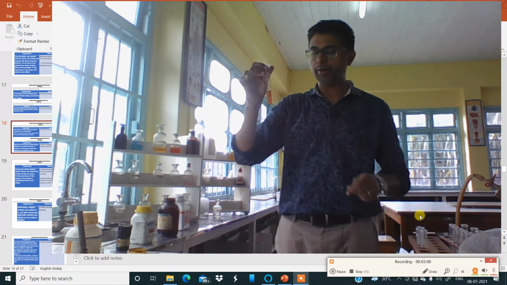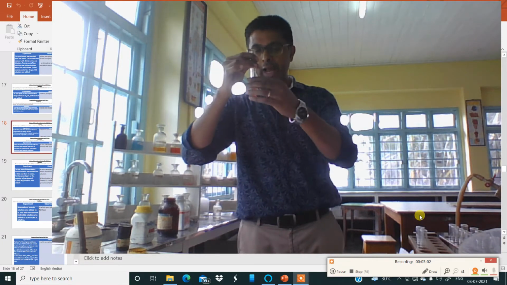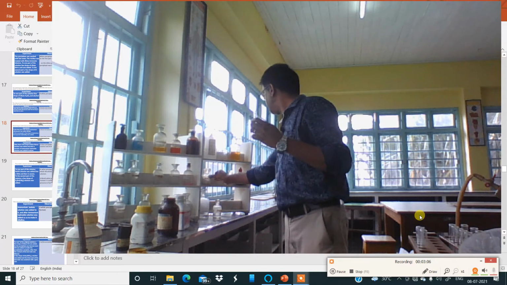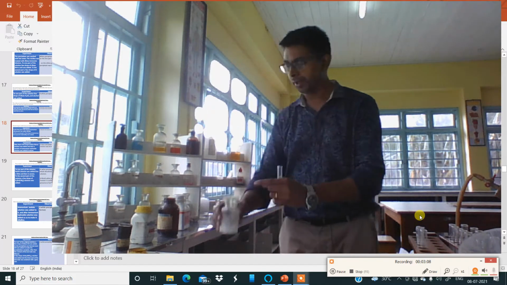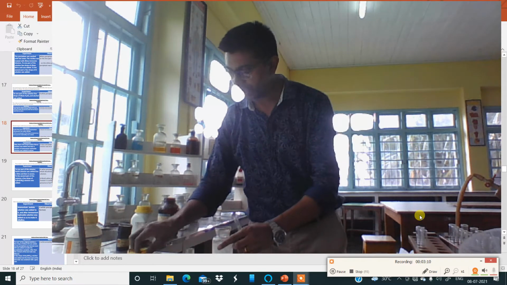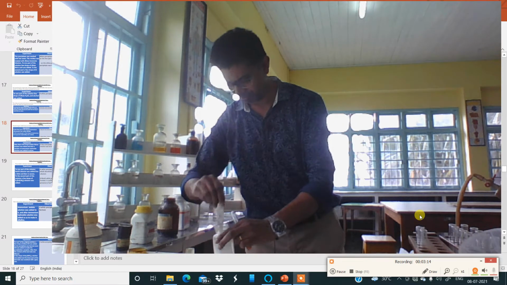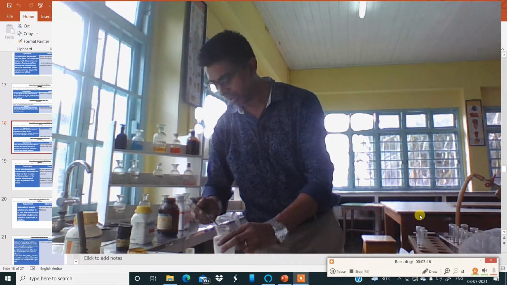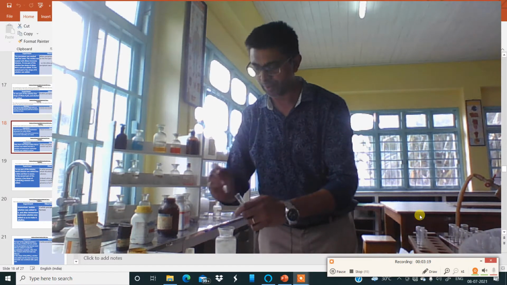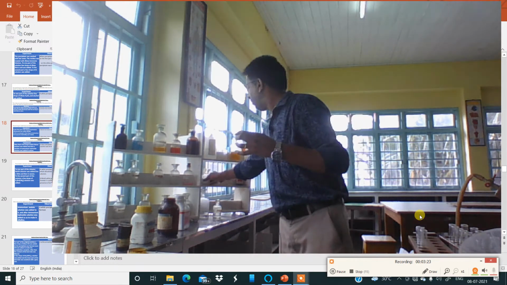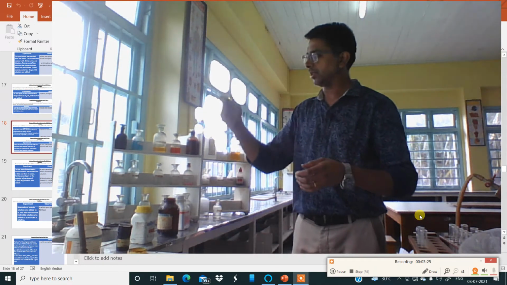Now to this ferric chloride, I am going to add solid ammonium chloride, just a little bit, one pinch only. After the addition of solid ammonium chloride, I will dissolve this first.